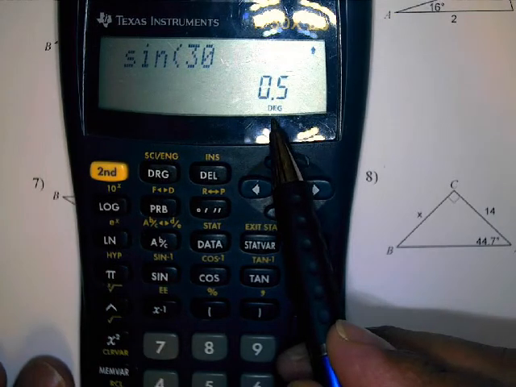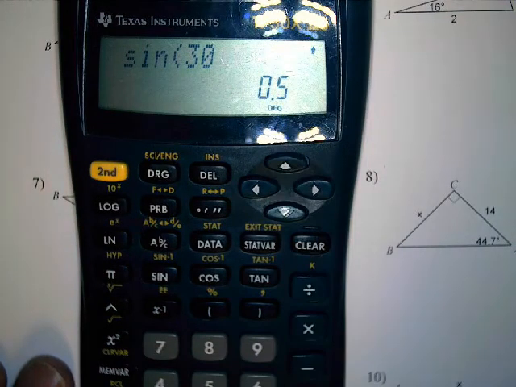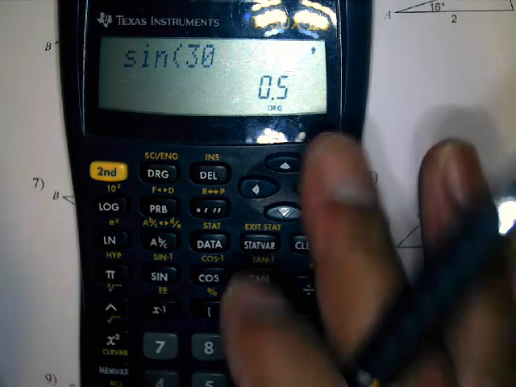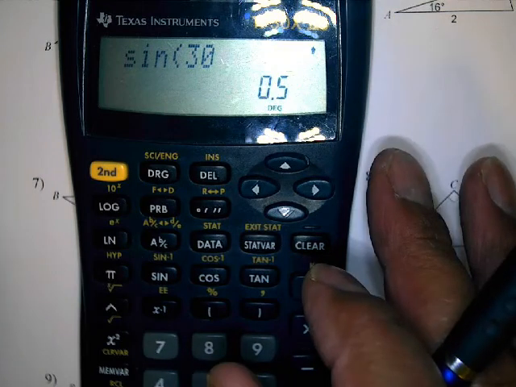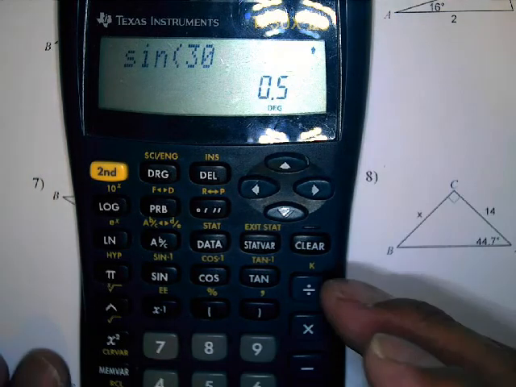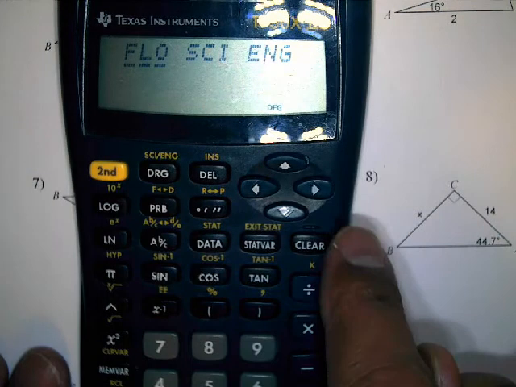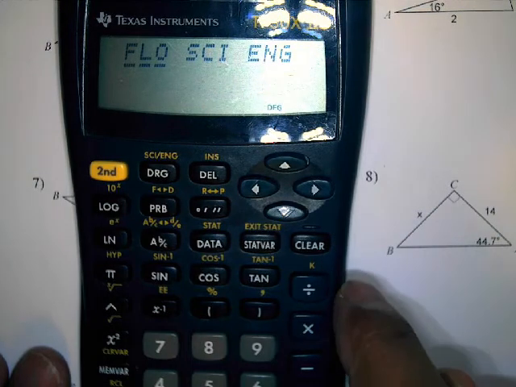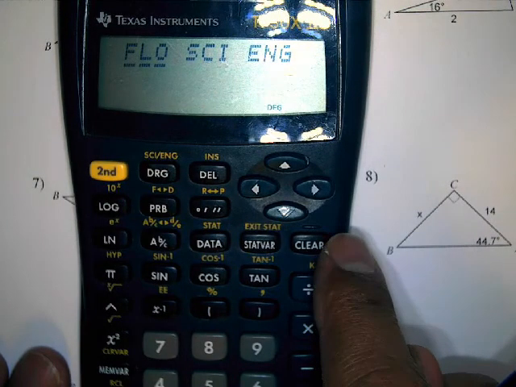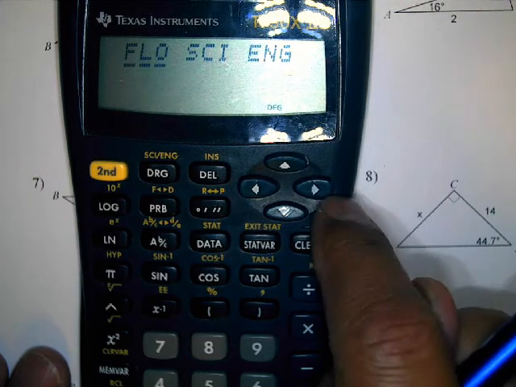See, and it's 0.5, and then you can see right there the DEG sign. That means your calculator is in the correct mode. If it was in the incorrect mode, let's see, how do I change this to the incorrect mode? I don't even want to mess with it, honestly.